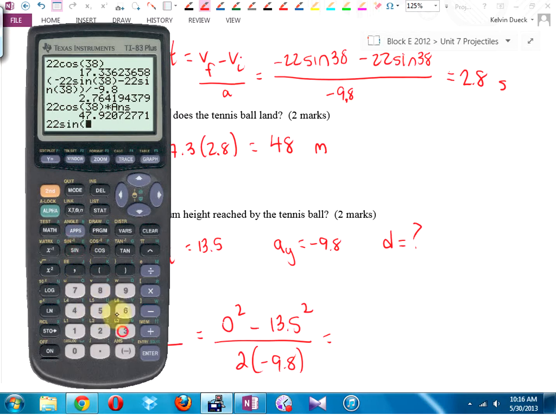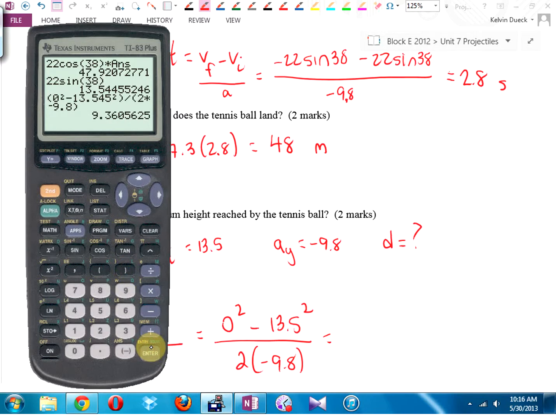On the calculator: 22 sine 38, 13.5. Bracket 0 squared minus 13.545 squared. That should be accurate enough. Divided by bracket 2 times negative 9.8.